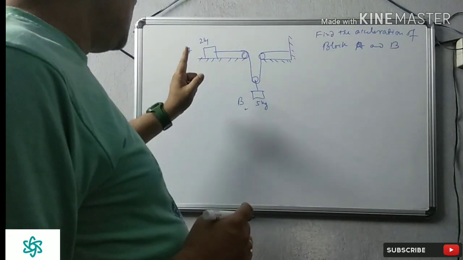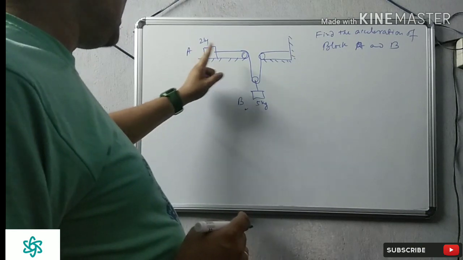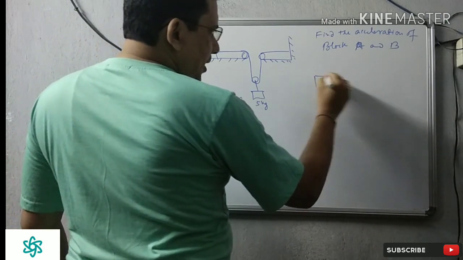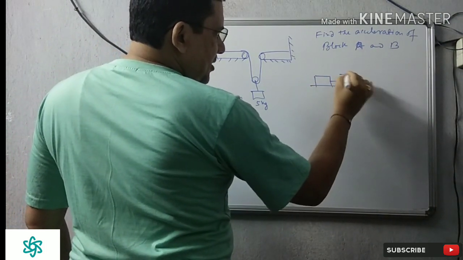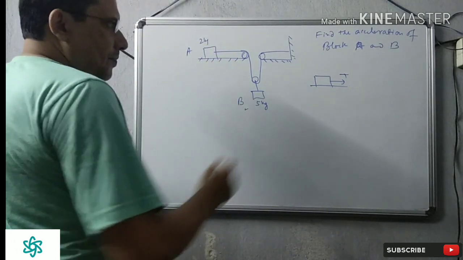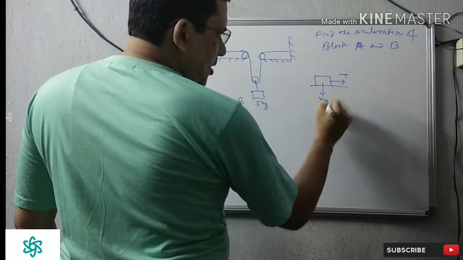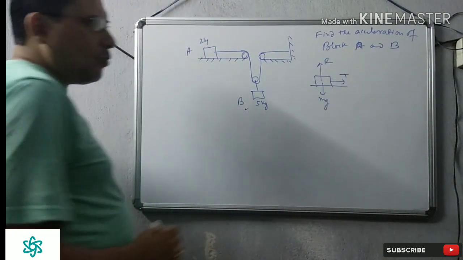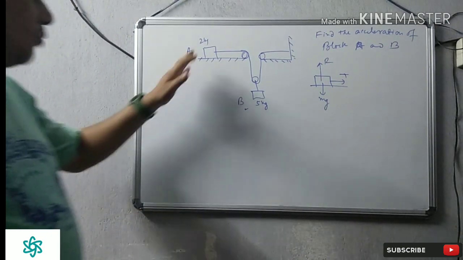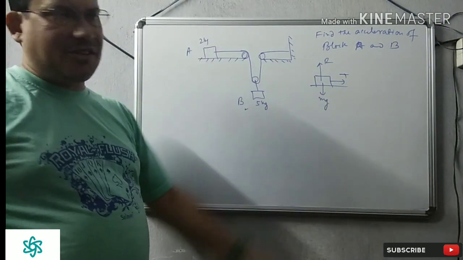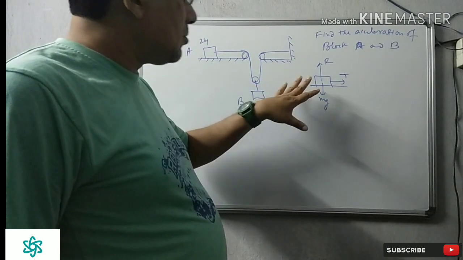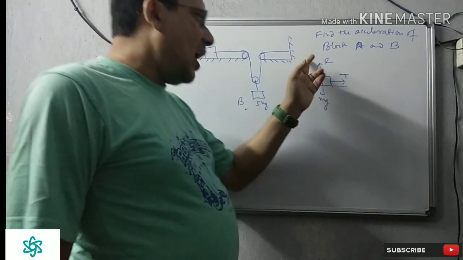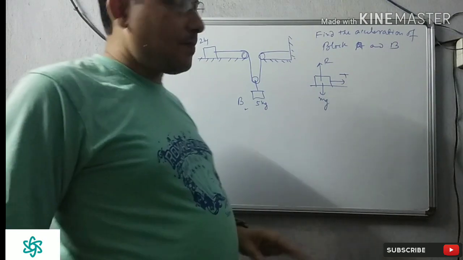First I draw the free body diagram of block A. The tension acts towards the right side, mg acts in the downward direction, and normal reaction R acts upward. The body moves sideways, towards the right. The body has no component of motion along the y-axis, or vertical. That's why R and mg cancel each other.